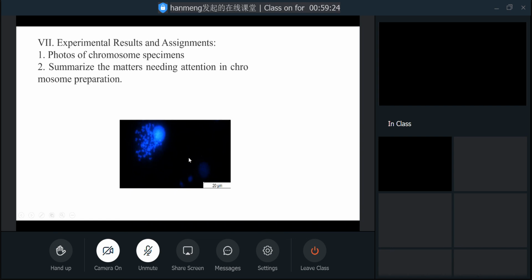So we can't use this picture to number the chromosomes, but we can use this picture to show our experimental result, that we used this method to make a successful chromosome specimen.